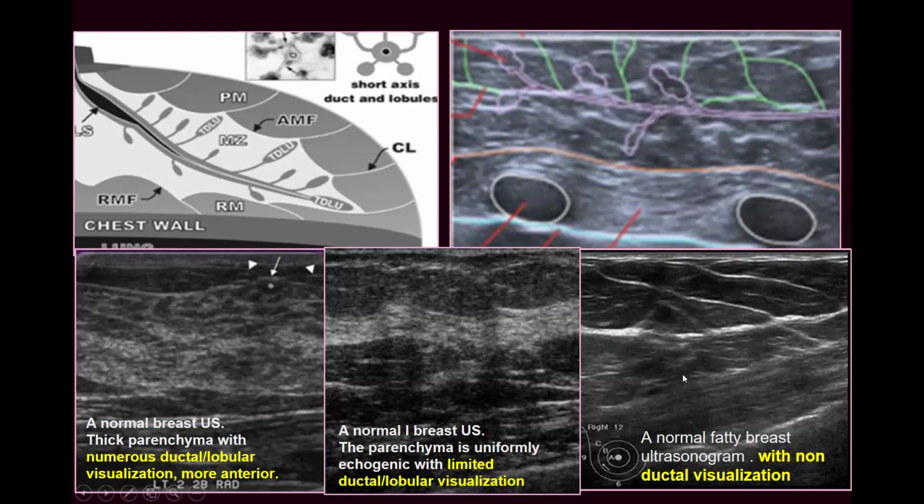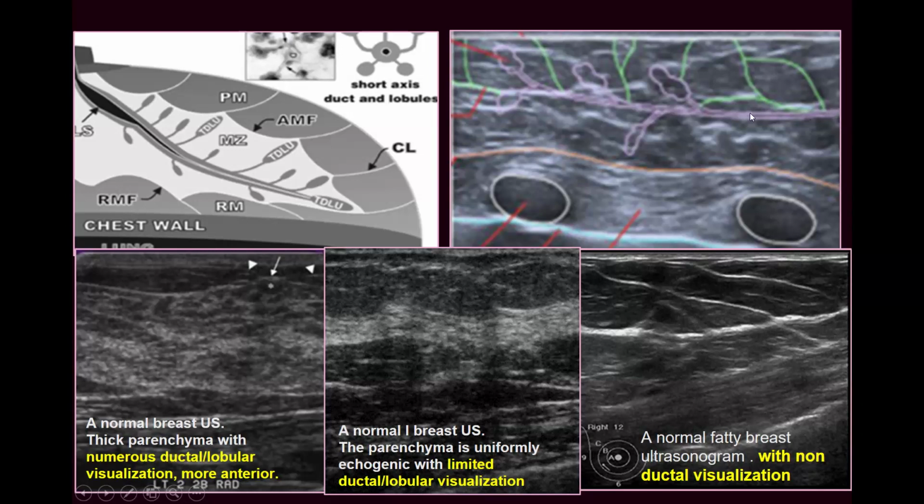And here it becomes almost fatty. Okay, and this illustration demonstrates segmental ducts and the terminal duct lobular unit larger anteriorly than posteriorly, and extralobular terminal duct longer anteriorly than posteriorly, as in this illustration also here.